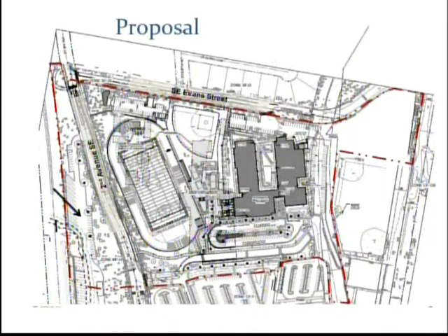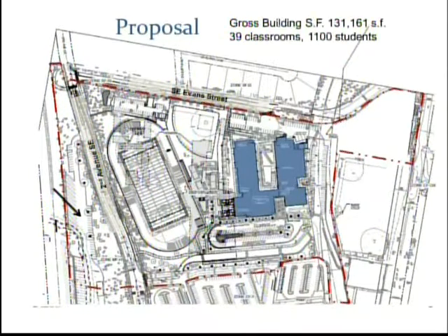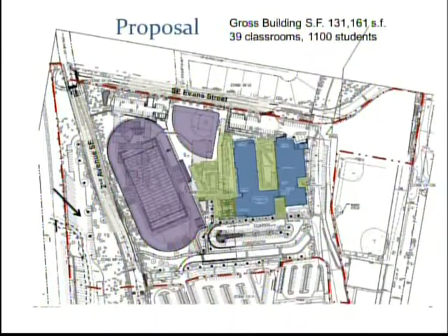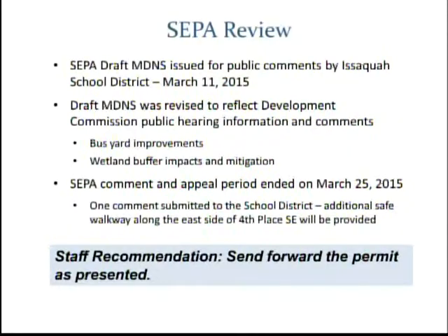And the proposal basically includes 131,000 or almost 132,000 square feet of classrooms and other additional spaces. And in addition to that, there's going to be a new softball field and a new track and field/football field. Oh, I'm sorry. I'm just going to go and move this forward.